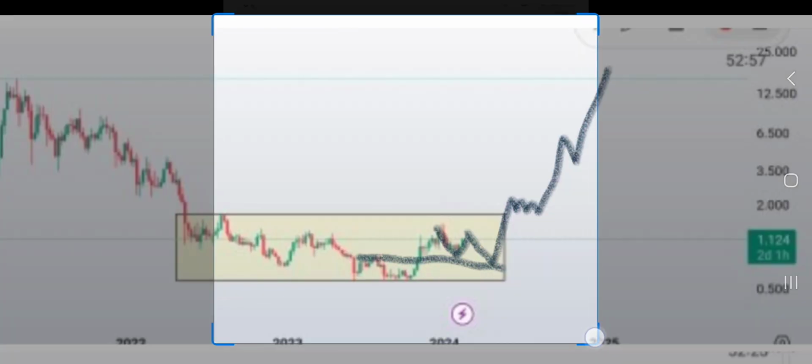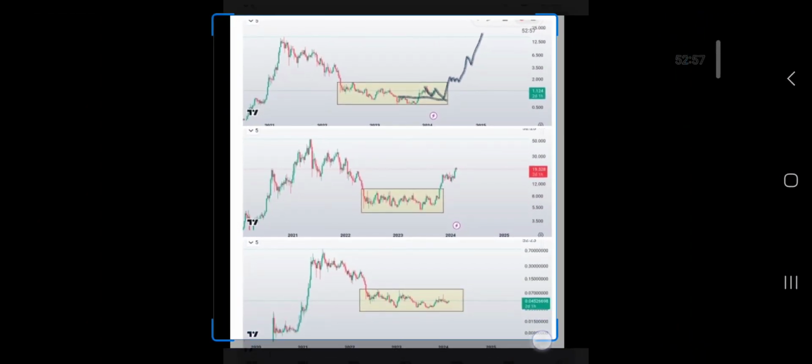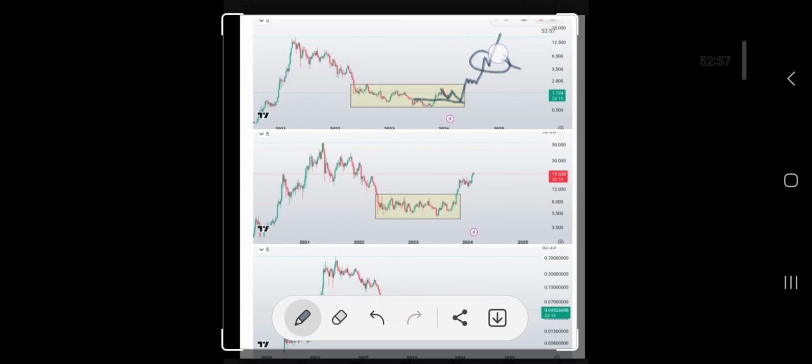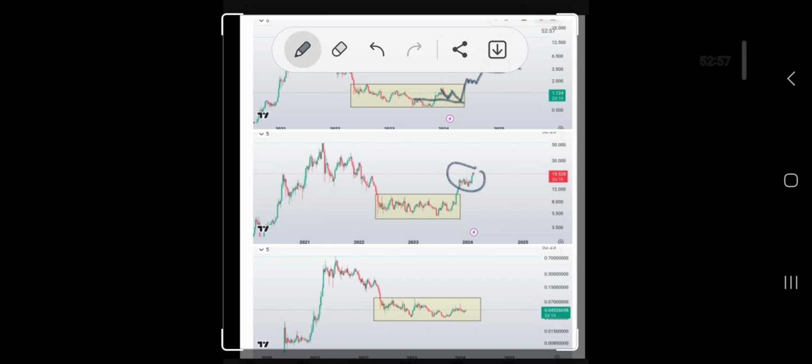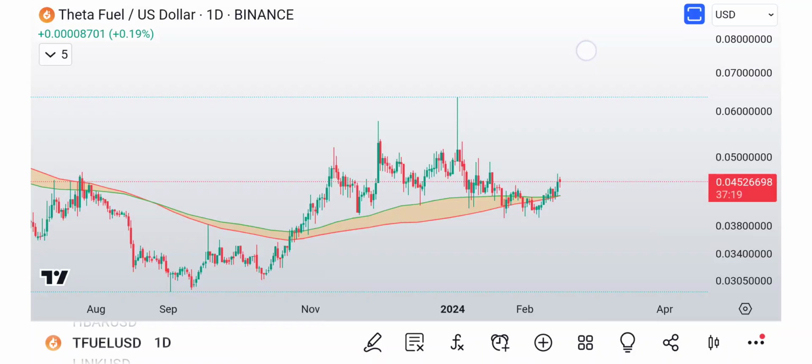That could very well happen. Now, maybe not that high, maybe up here, right? So same thing here, and then obviously Theta fuel as well. So I don't want to sound like a broken record, but again, retrace, retrace, retrace. I've been waiting for it, calling for it, just waiting for the day for it to happen.